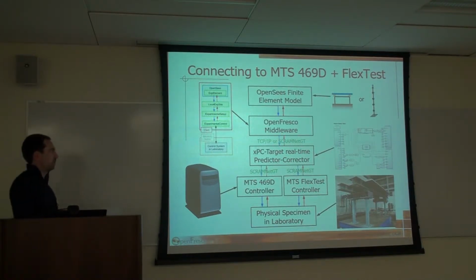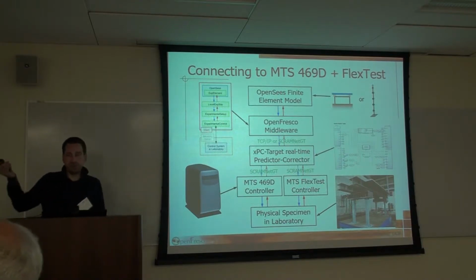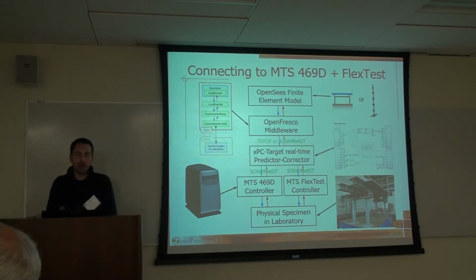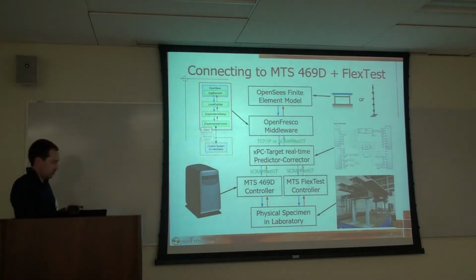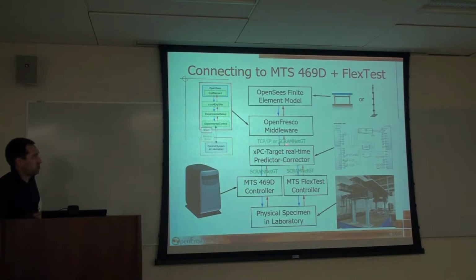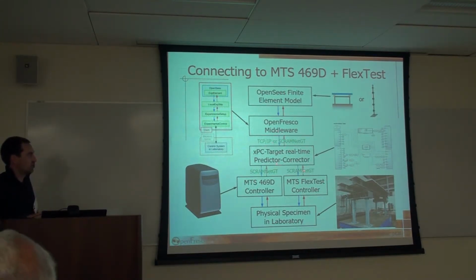So yesterday what we looked at in the 484 lab was actually using ScramNet. What we will see today on the shake table is using ScramNet GT. It's just a newer version of ScramNet. ScramNet, the old version, has actually been discontinued. So ScramNet GT is being used again, like yesterday, to connect all these real-time machines together. And so we have our xPC target here that runs the predictor-corrector.